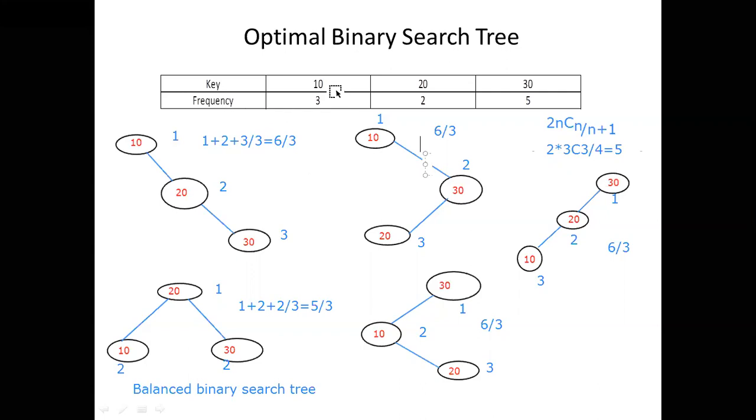A user is searching 10 3 times, and the user is searching 20 2 times, and the user is searching 30 5 times. That is frequency. That means that person is not searching 10 one time, he is searching 10 3 times. The person is searching 20 2 times, the person is searching 30 5 times. That is the meaning here, right?